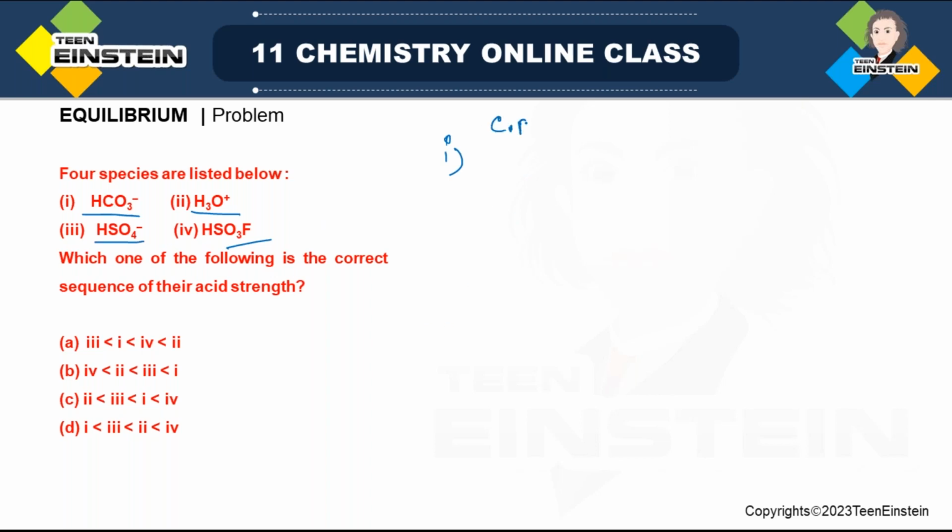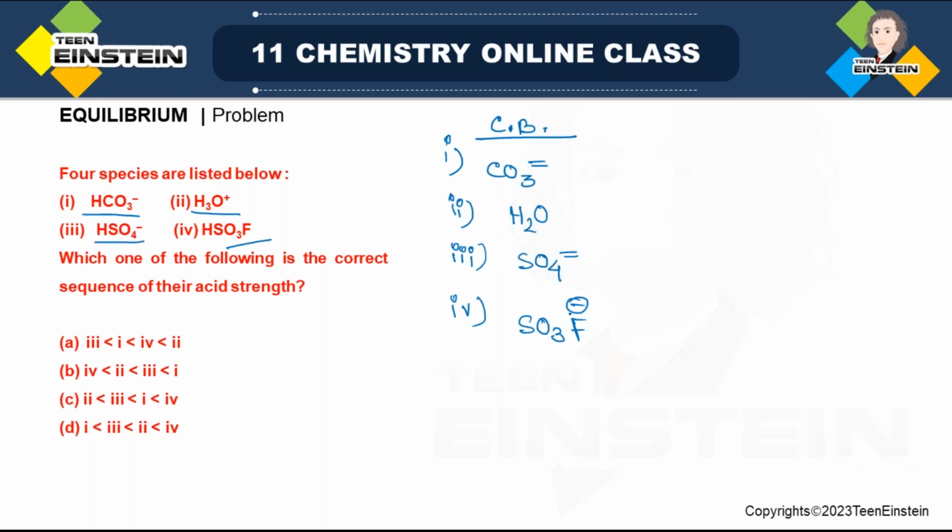So from the first species, the corresponding conjugate base you are getting is CO3 2 minus. From the second one, you are getting the neutral water molecule. From the third one, after removal of H, you are getting SO4 2 minus. And from the fourth one, you are getting SO3F minus, right?